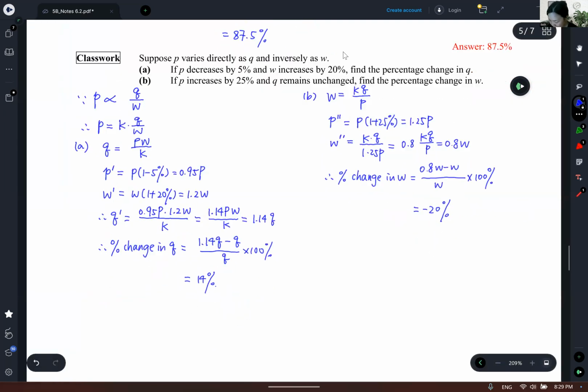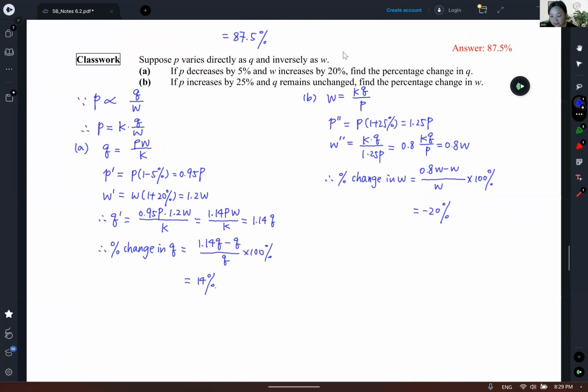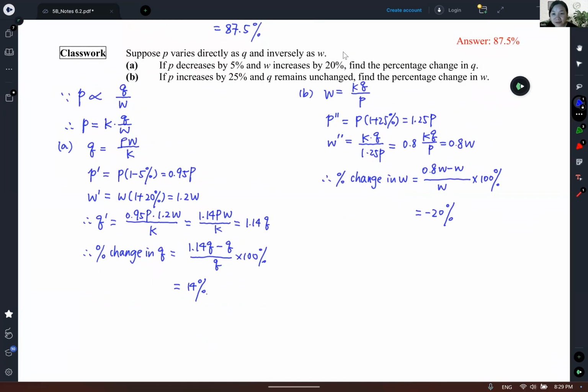Let me check the answers. Oh, that's it. Now, I admit that the classwork is a little bit different, right? But you should be used to that. You have to do a change of subject before you move on to the percentage change procedure.